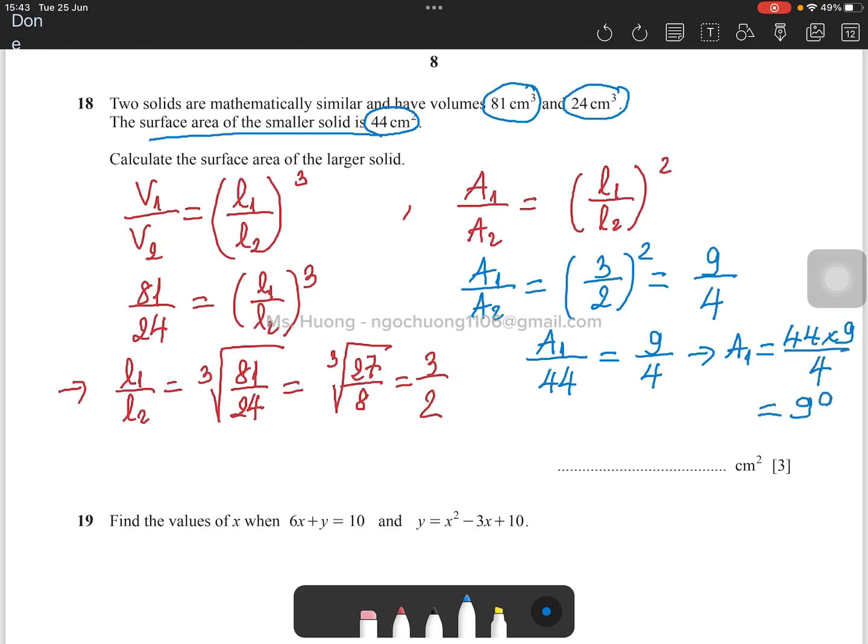Equals 99 square centimeters. So the answer to this question is 99.